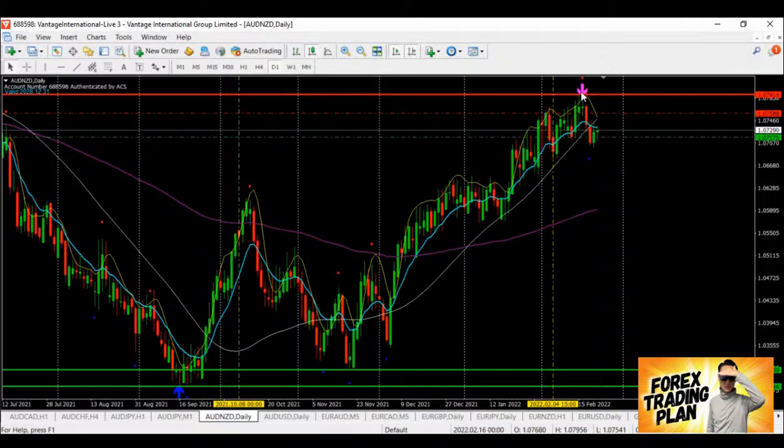After testing a bear market, usually we need to see whether this testing is really strong enough to go into the bear situation.